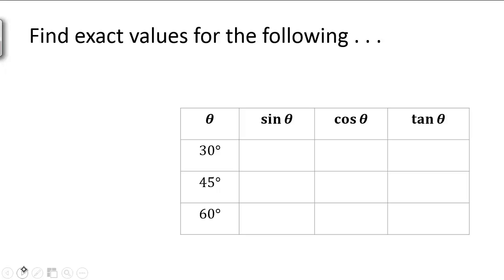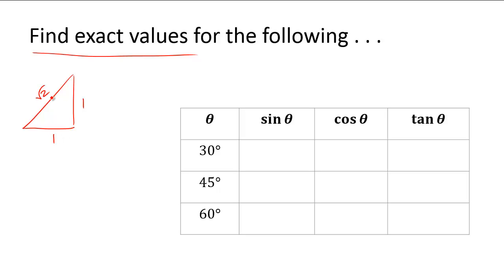So let's find the exact values for the following. Let's redraw our special triangles. Can you remember them? Well, half the square was 1, 1, root 2, 45, 45, and 90. And half the equilateral triangle was 60, 30, and then 2, 1, and then root 3.